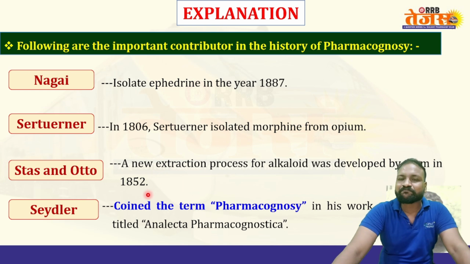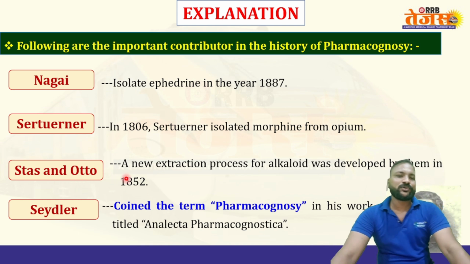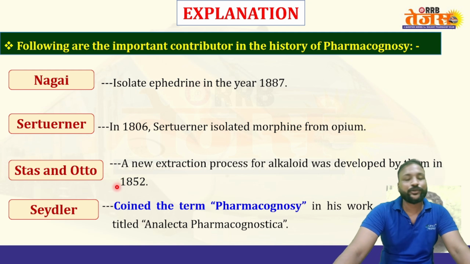I think it is clear. Nagai is for ephedrine, Serturner is for morphine, and Stas and Otto created a new extraction process.